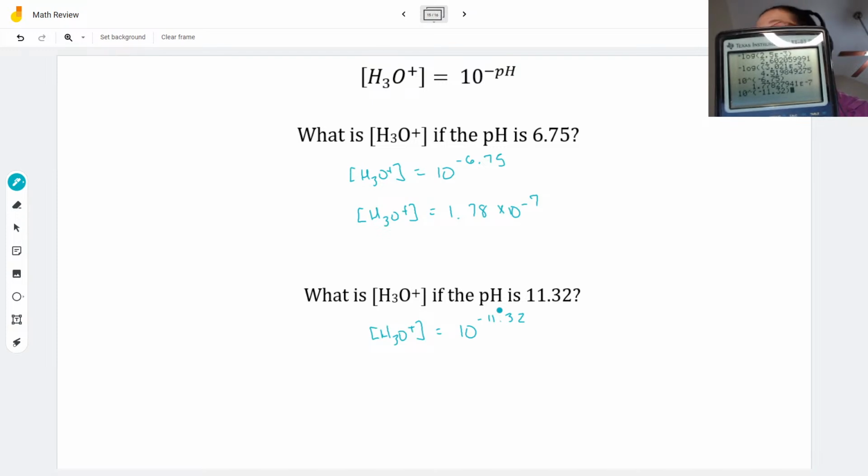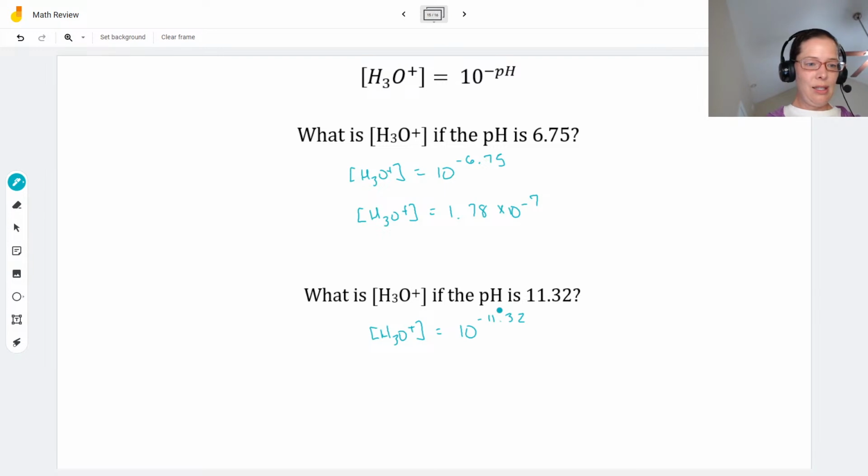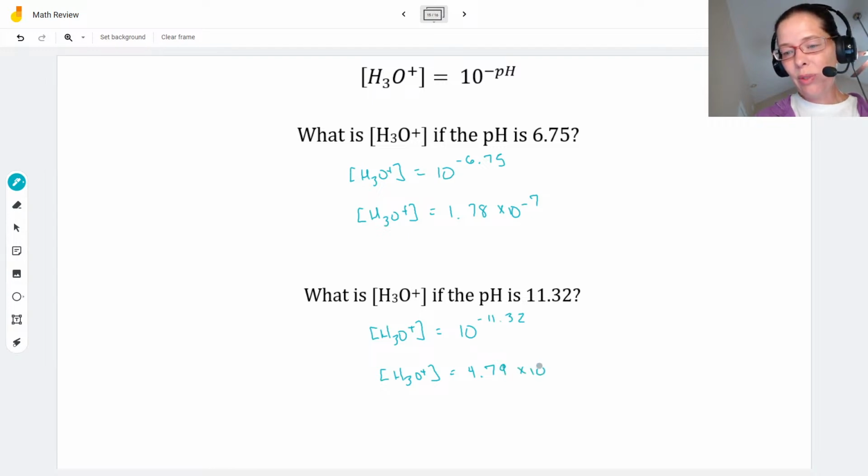Notice I do use parentheses around it just to make sure that nothing goes wonky. Okay, and when I hit enter, let's see, I get a concentration of 4.79 times 10 to the negative 12th, which does make sense because my pH is 11.32 and this is 12. Again, close-ish. This is not raising any red flags for me.